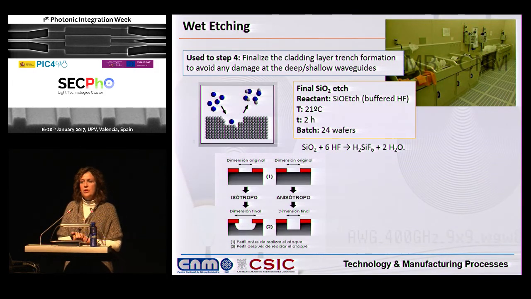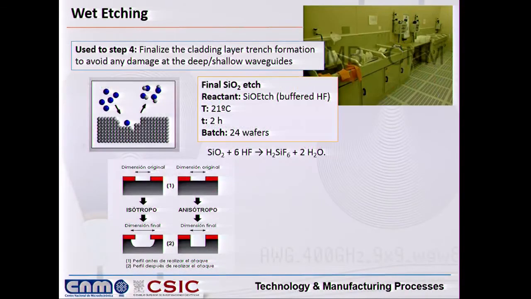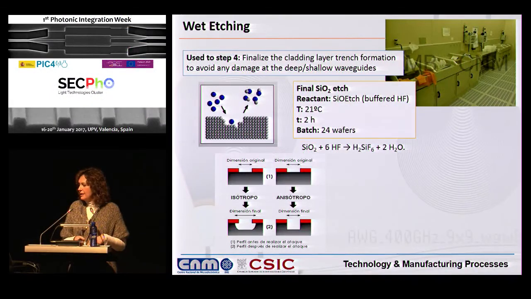Another process we use to define the pattern on the wafer is wet etching. It is used to finalize the cladding layer trench formation. Why? Because we want to avoid damage on the deep and shallow waveguides. So you put the wafers in a bath and etch the silicon oxide with a buffered oxide etch, a commercial etch.